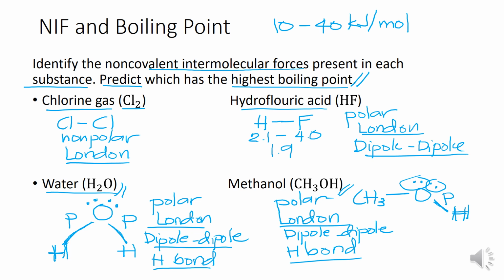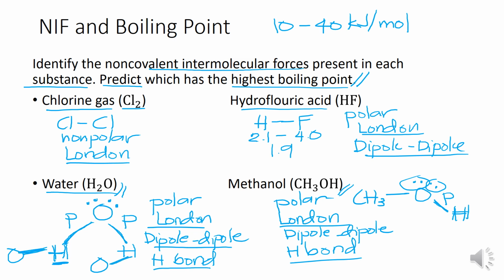So let's count the number of hydrogen bonds in water. This hydrogen can bond with one of the lone electron pairs in the oxygen atom of another water molecule. The same is true of this other hydrogen atom. So far we have one, two hydrogen bonds.